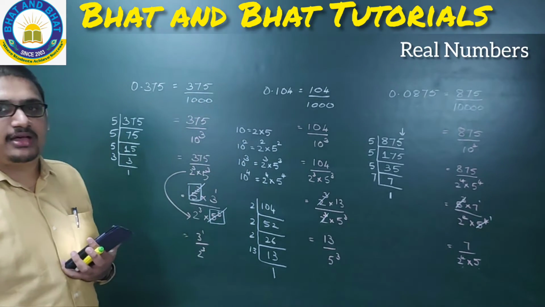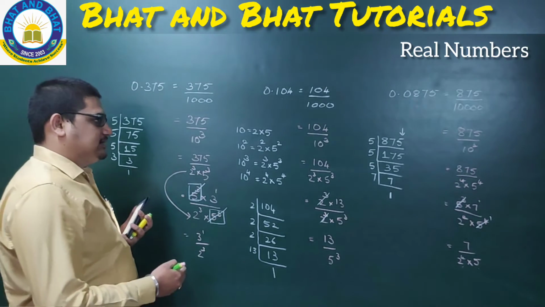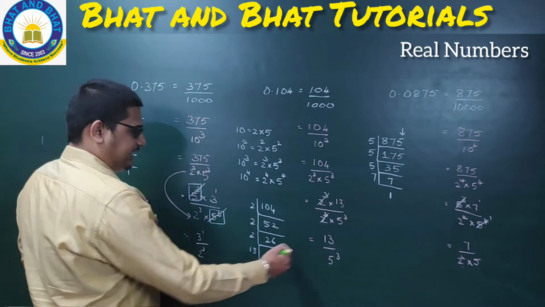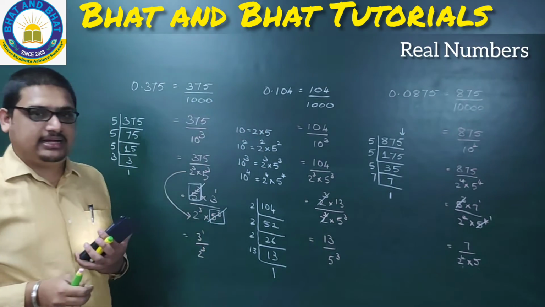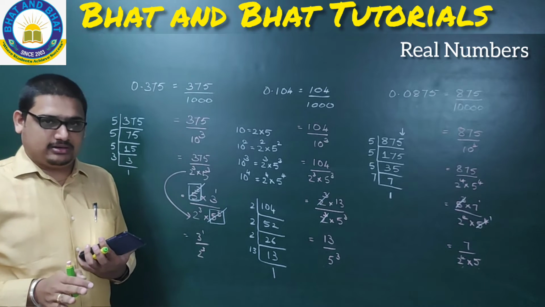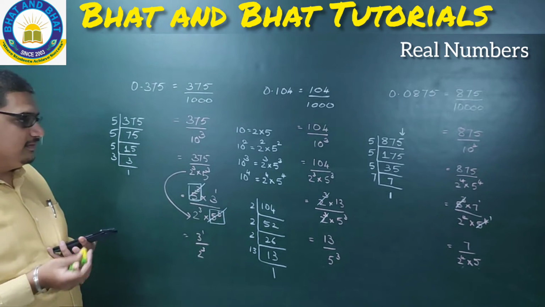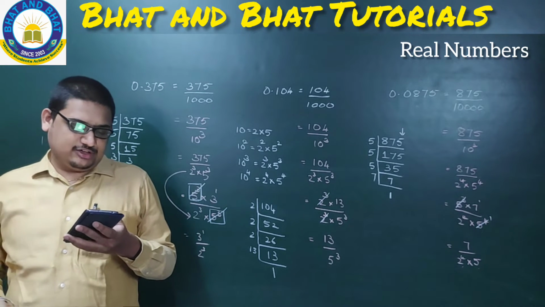So, this gives us our theorem to decide whether the decimal expansion of a given ratio is terminating or non-terminating repeating. So, basically we will say here whether it is terminating or not. So, please note down this theorem. It is theorem 1.5 in your textbook.